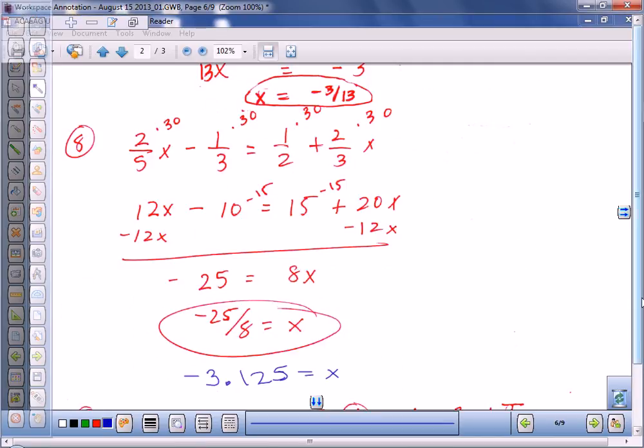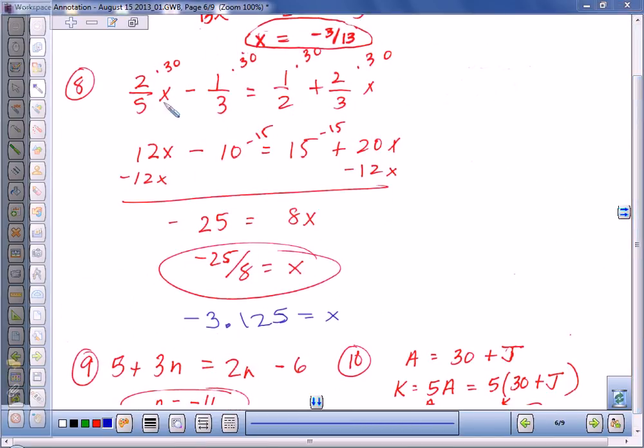Number 8. Now, I chose to eliminate the fractions. Here are the fractions. The way I did that was I looked at the 5, the 3, and the 2, those are my denominators. What's a common denominator for 5, 3, and 2? Well, 30.